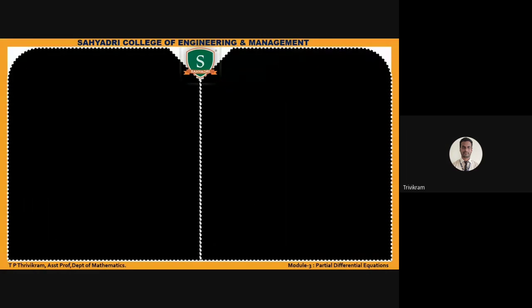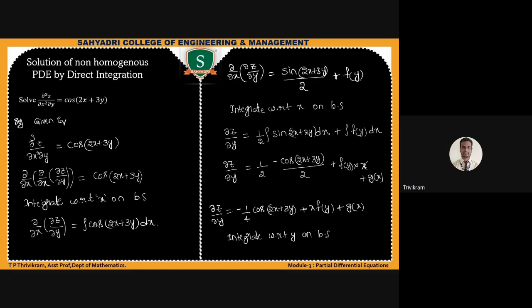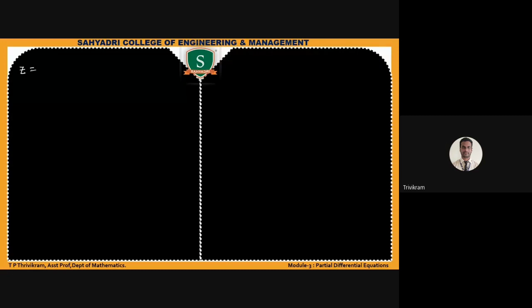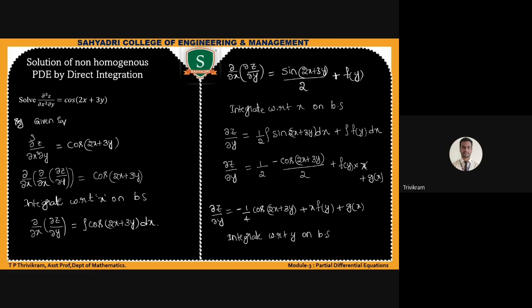Let us see. Now that derivative will get vanished, only letter z will be there. So that is our required solution, where z equal to minus 1 by 4.